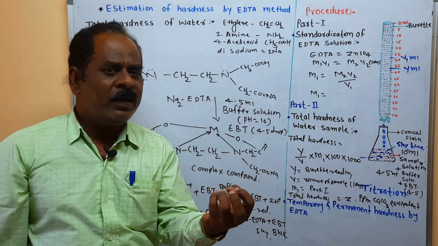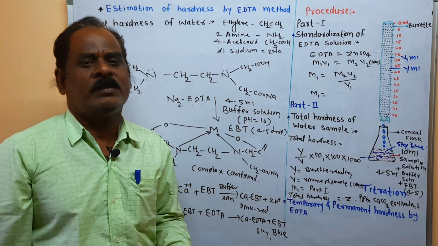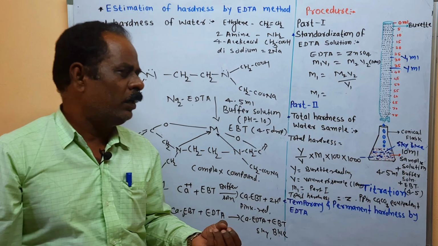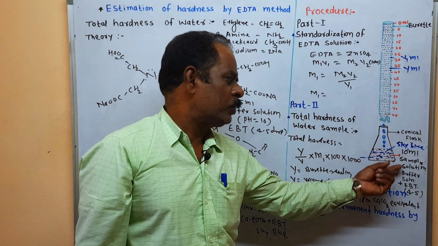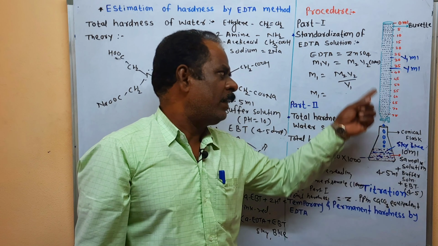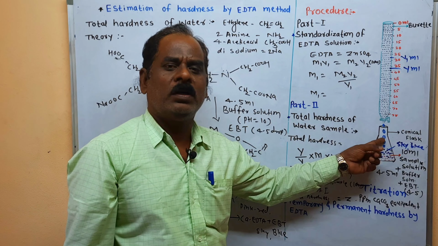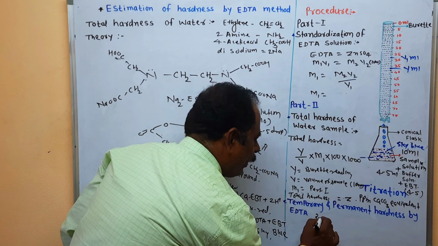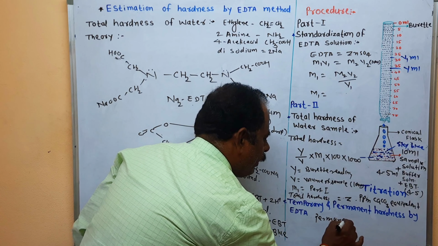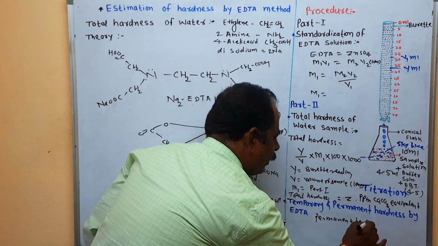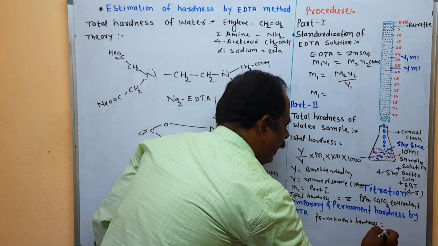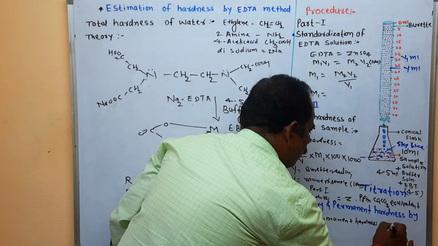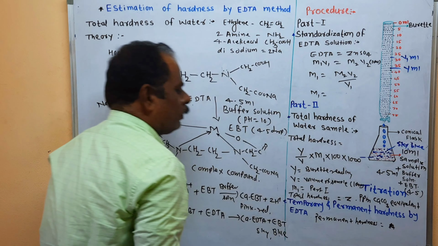The filtrate contains only permanent hardness. Take 10 ml of this permanent hard sample solution, again add the buffer solution and EBT indicator, titrate against the EDTA solution and calculate the permanent hardness. Consider this permanent hardness is A ml.